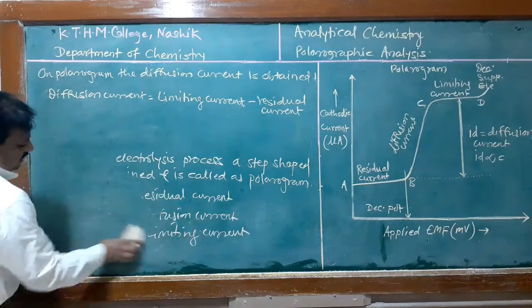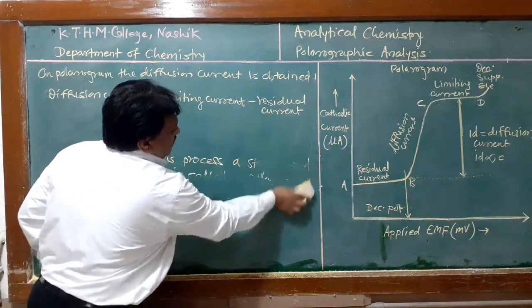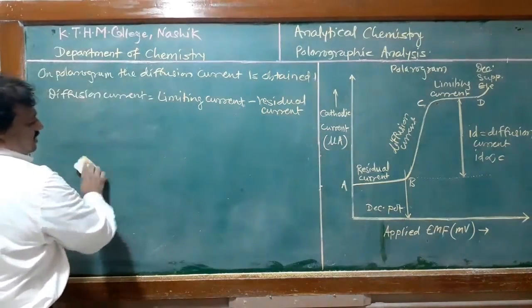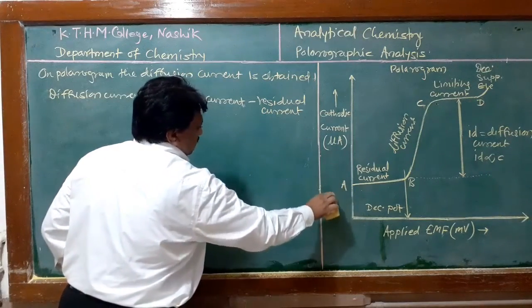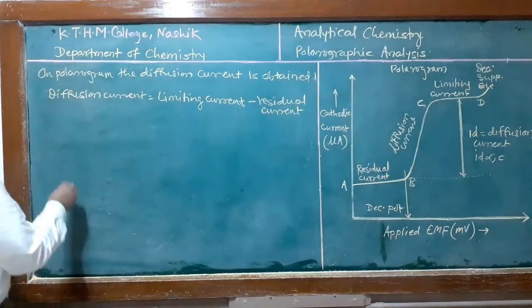Now, what actually is the diffusion current? Diffusion current in polarographic analysis is obtained because of the reduction process of that particular analyte.